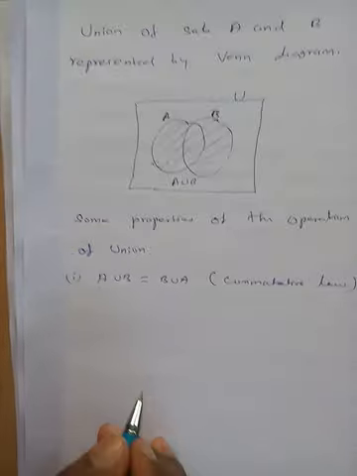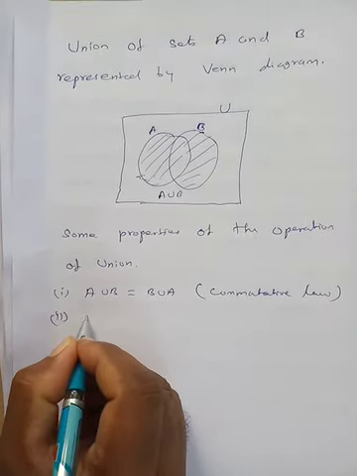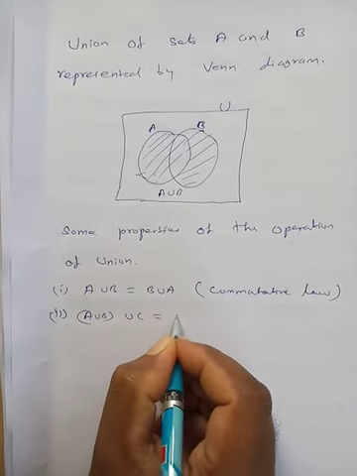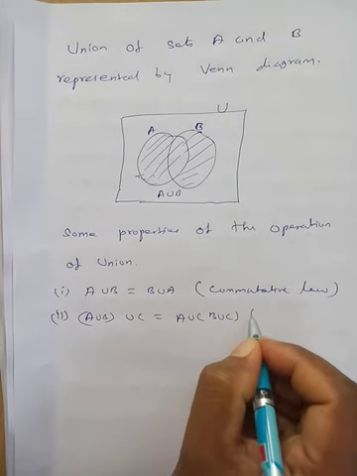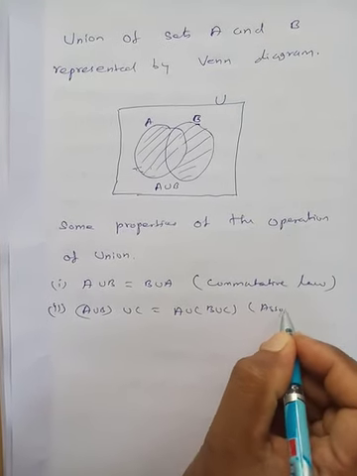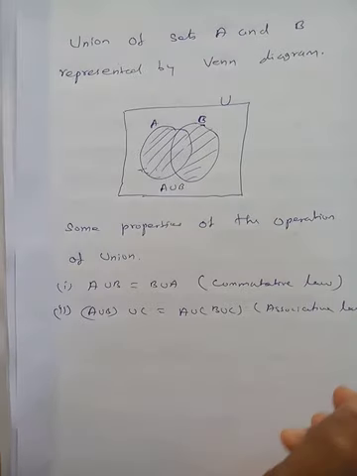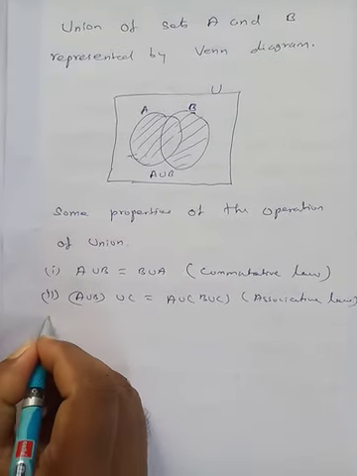Commutative property is satisfied in union of sets. Second one, (A ∪ B) ∪ C equals A ∪ (B ∪ C). That is the associative law. Associative property is satisfied in union of sets.